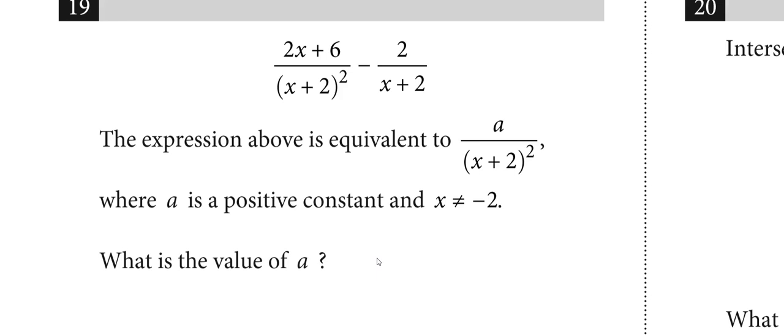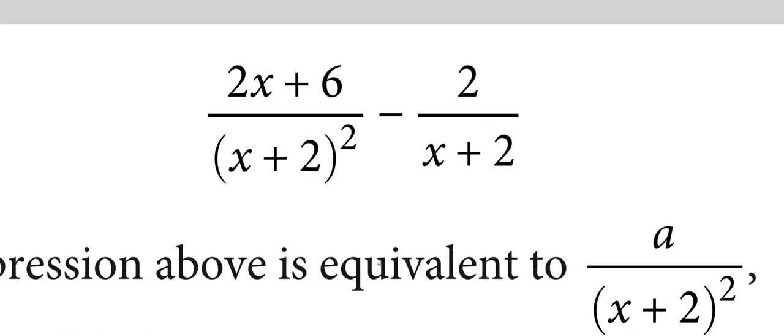Okay, I think we need to get common denominators. What is this denominator missing that the other one has? Please don't say square. Another x plus 2, thank you very much.